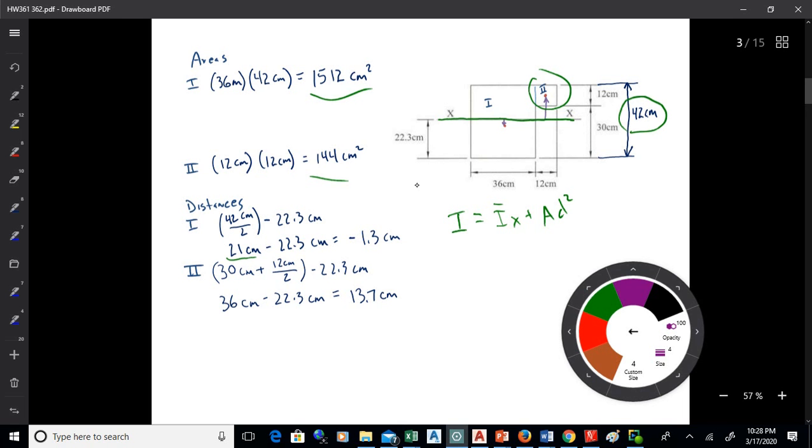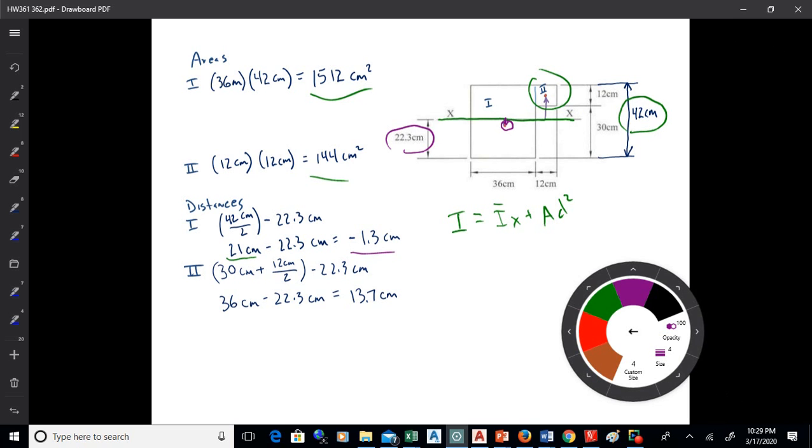It's kind of hard to see, but it's right down there. That would be at 21. Now the axis I'm using is 22.3 centimeters above the base of the rectangle. So the difference between the 21 and the 22.3 is negative 1.3. That is the offset distance from the green XX axis to the centroid of the large rectangle.